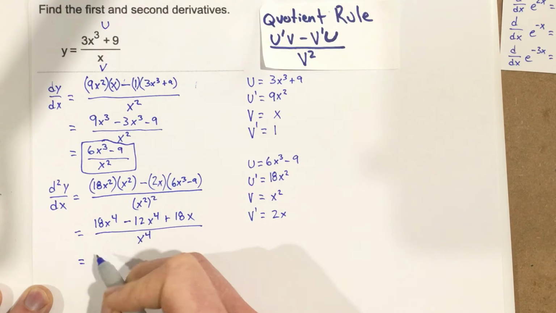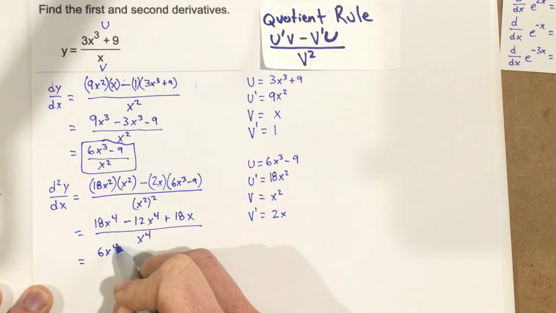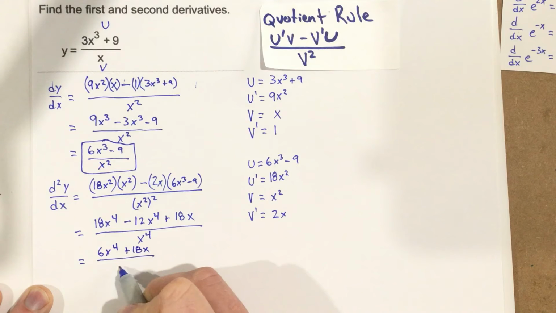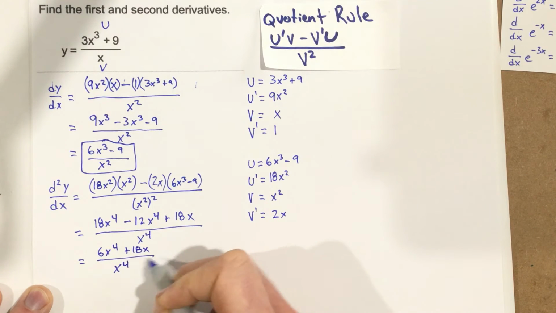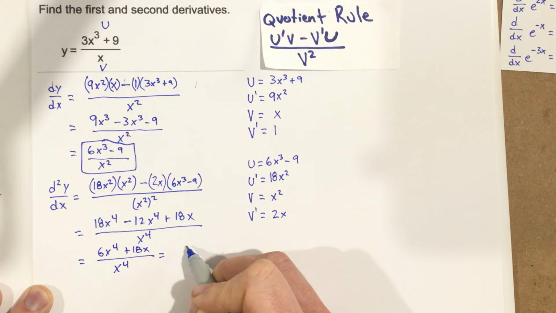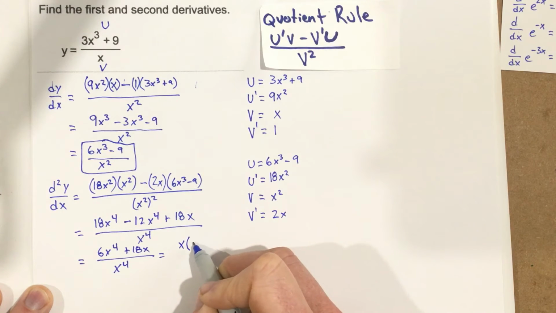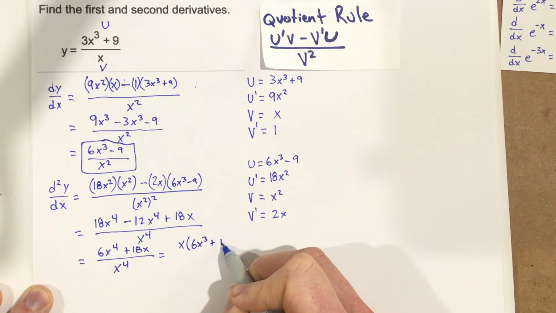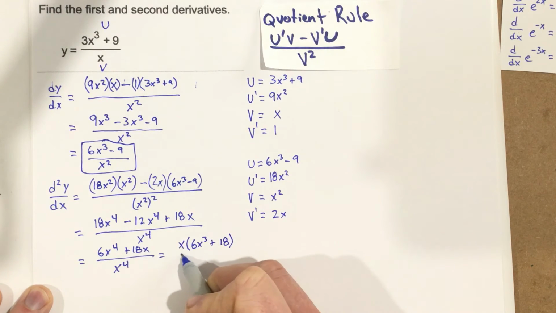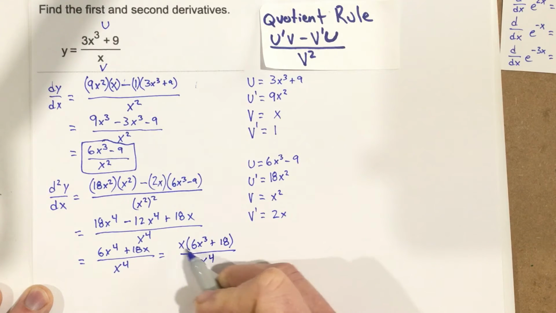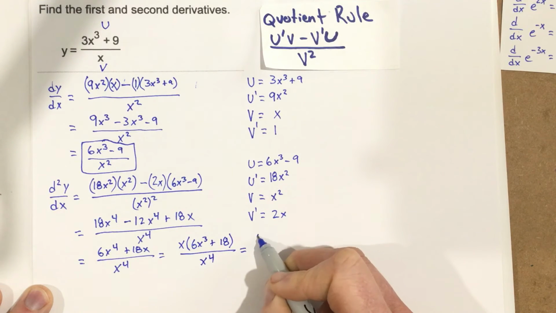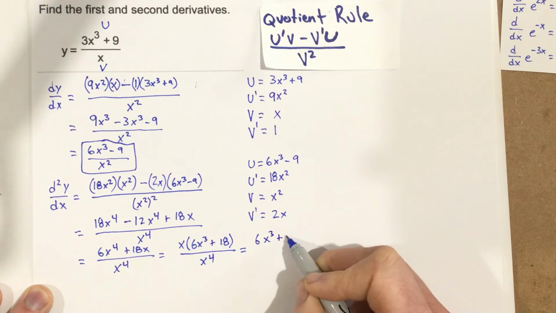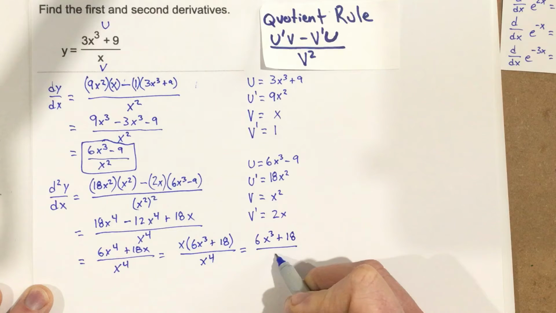Let's simplify some stuff here. That's 6x to the fourth plus 18x all over x to the fourth. Let's factor out an x here, so we end up with x times 6x cubed plus 18 all over x to the fourth. Cancel the x and we end up with 6x cubed plus 18 over x cubed.